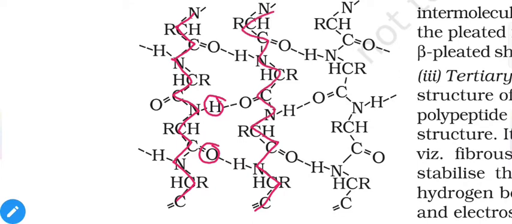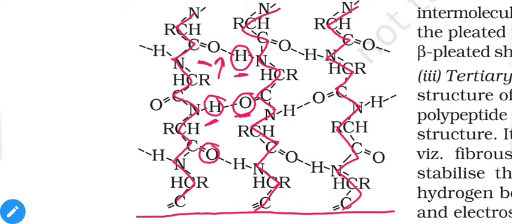Okay, and as we can see, at certain points hydrogen is coming out, at certain points oxygen is coming out, and when oxygen of the first and hydrogen of the second, or vice versa, hydrogen of the first and oxygen of the second, are poking out, and if they are comparatively close, then a hydrogen bond will arise. Okay, so multiple such pleats will be present close to each other, and that's why this type of beta pleated sheet structure will be obtained.